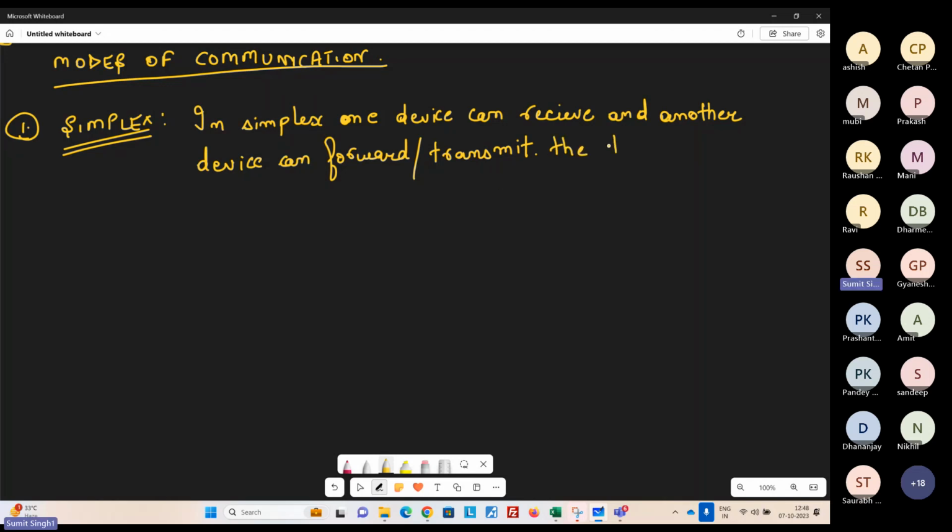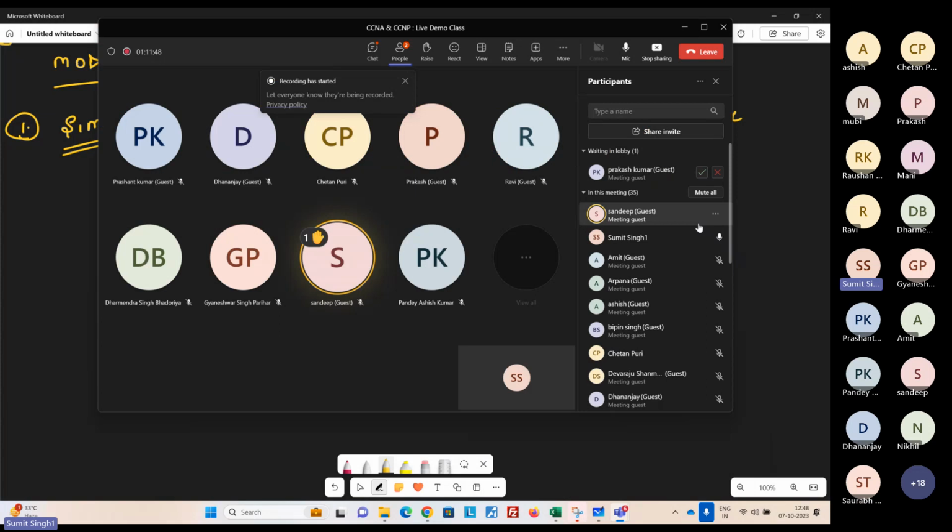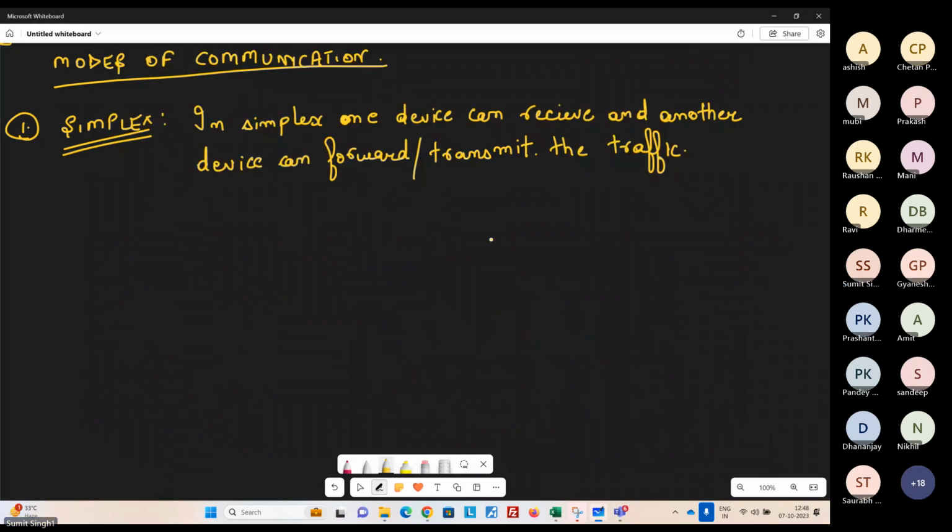Can anyone give me a very good example of simplex? Otherwise, I'll give you. TV, like TV. Absolutely. TV can only forward the traffic.